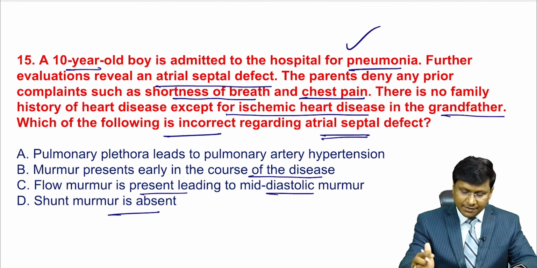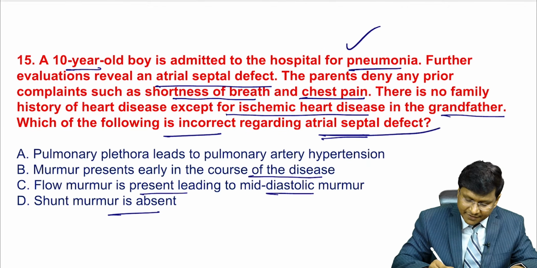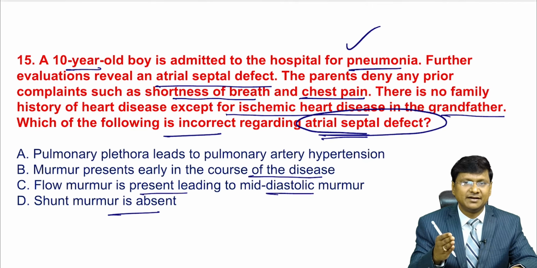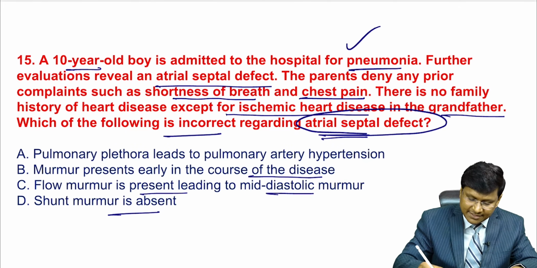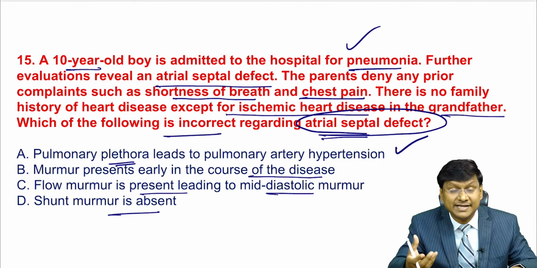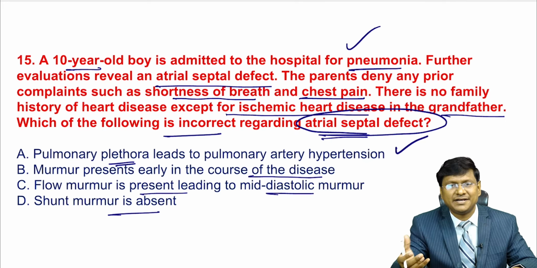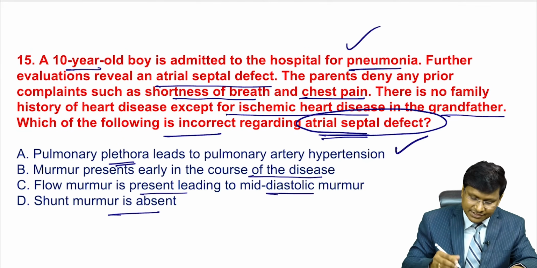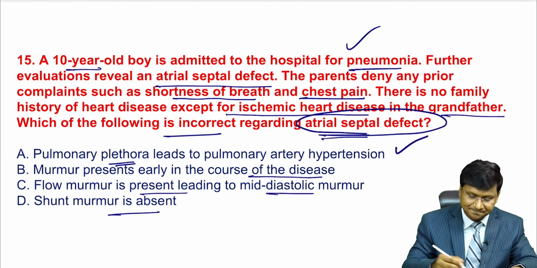So the patient has an atrial septal defect. That will result in shunting of blood from the left atrium to the right atrium, resulting in pulmonary plethora, where there is increased flow of blood across the pulmonary artery, resulting in pulmonary arterial hypertension, right? Next, murmur presents early in the course of the disease.